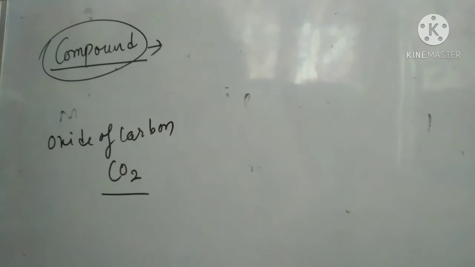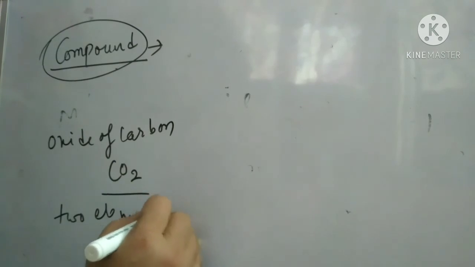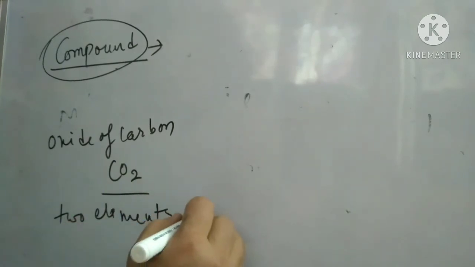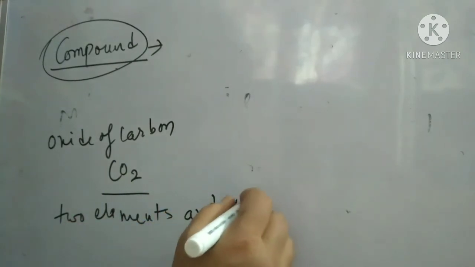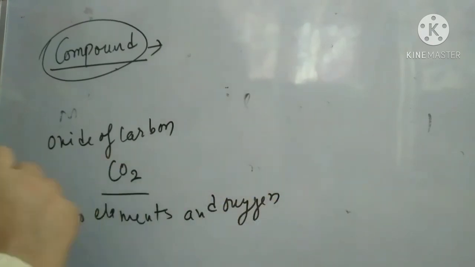Now the third one, two elements and oxygen. Two elements written side by side. Oxygen is written after it, and then oxygen is named with suffix ate or ite.